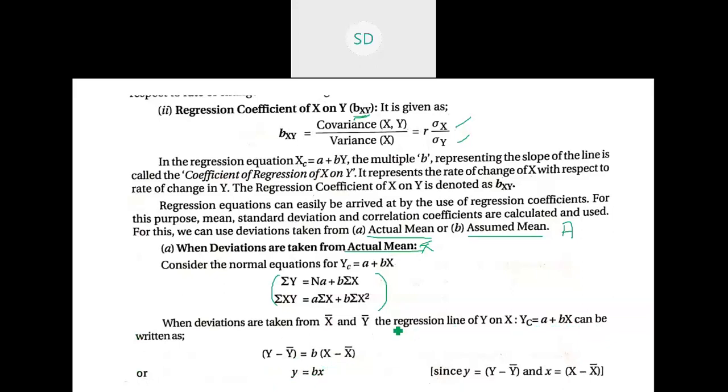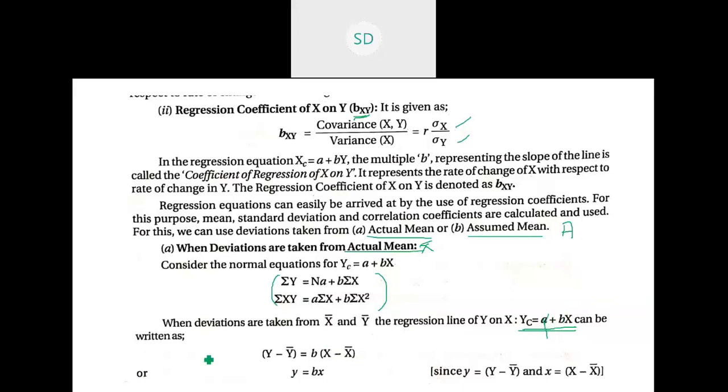So when they take deviations from the actual mean, they can rewrite the expression as y minus y bar is equal to b into x minus x bar. They have just taken out this a part here.